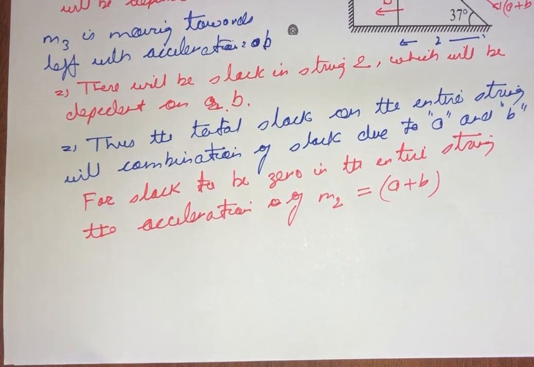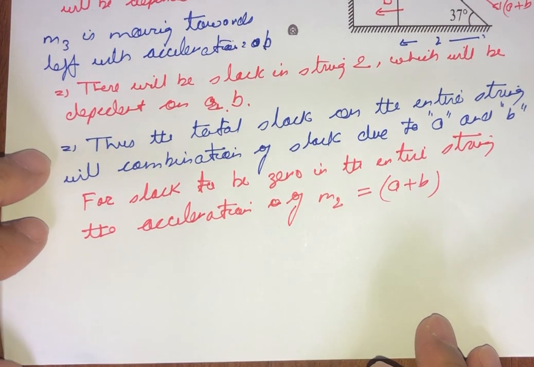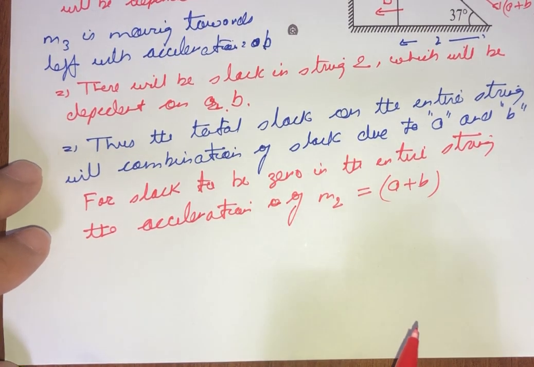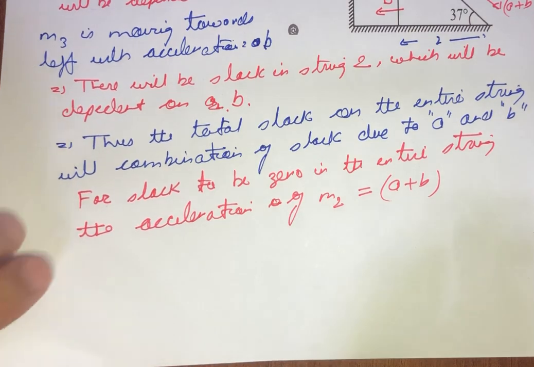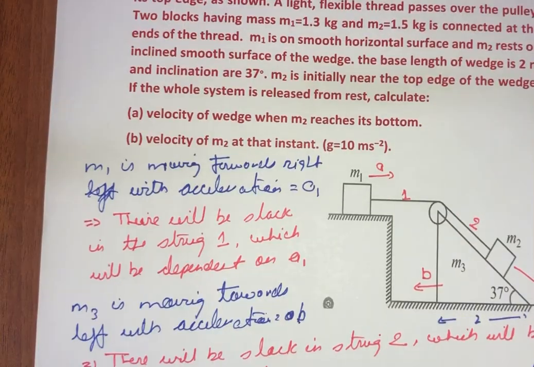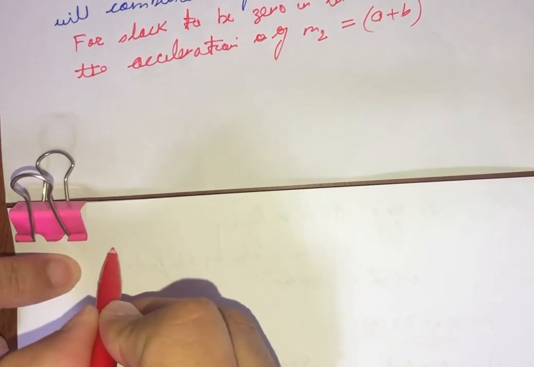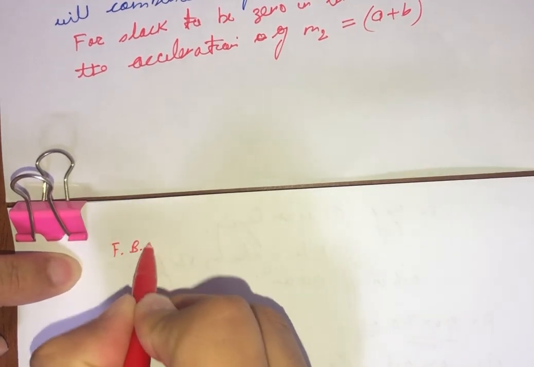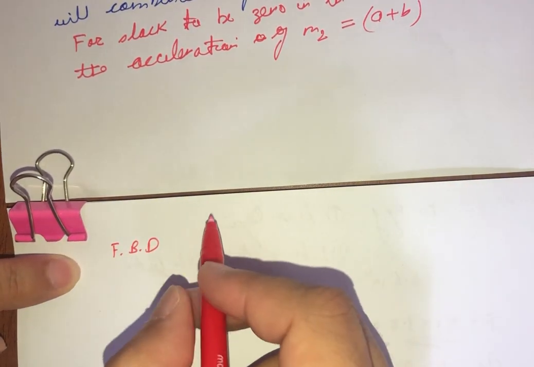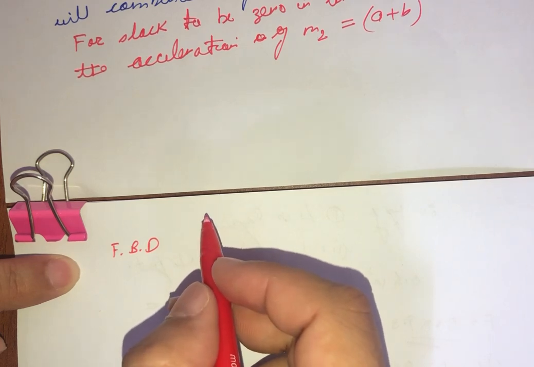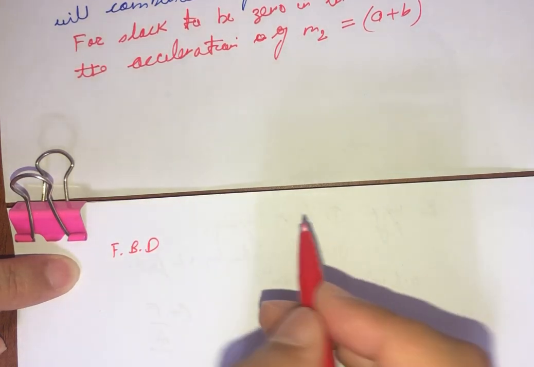In the next part, we are going to draw the free body diagram of each mass and try to find out what will be the relationship between various combinations. So we start with the free body diagram of the wedge, that is M3.